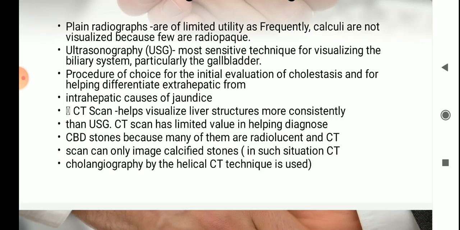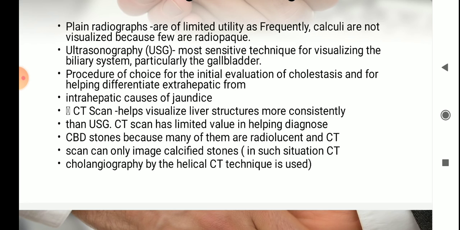But the CT scan has limited value in helping to diagnose CBD stones because many of them are radiolucent. If they are radio-opaque, absolutely fine. What if they are radiolucent? They'll be missed out. CT scan can only image calcified stones.